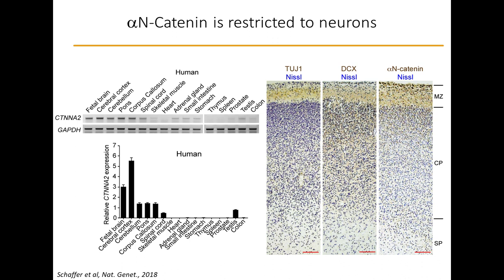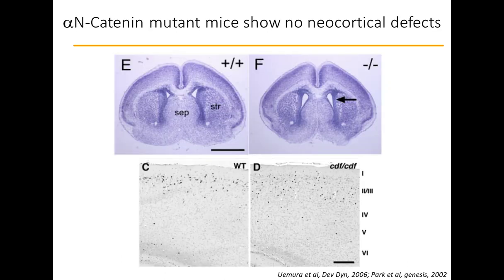So in human tissue, we found CTNNA2 is predominantly expressed in neurons and at a low level within neural progenitor cells. Similar to what I showed you for known lissencephaly disease gene DCX a couple slides back, the alpha-catenin knockout and spontaneous alpha-catenin mutant mice have been generated and do not display a cortical phenotype by gross histological examination.